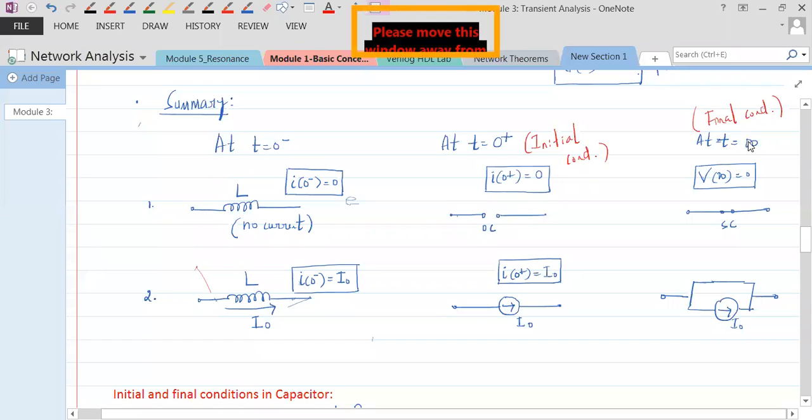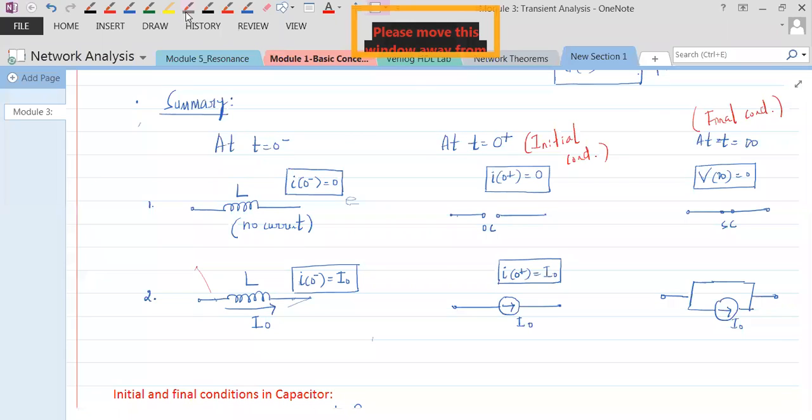This is the final condition, and only in the final condition will you have steady state. At t equal to infinity, that means after a long time, the circuit reaches the steady state. So when the circuit reaches the steady state, the inductor works as a short circuit.